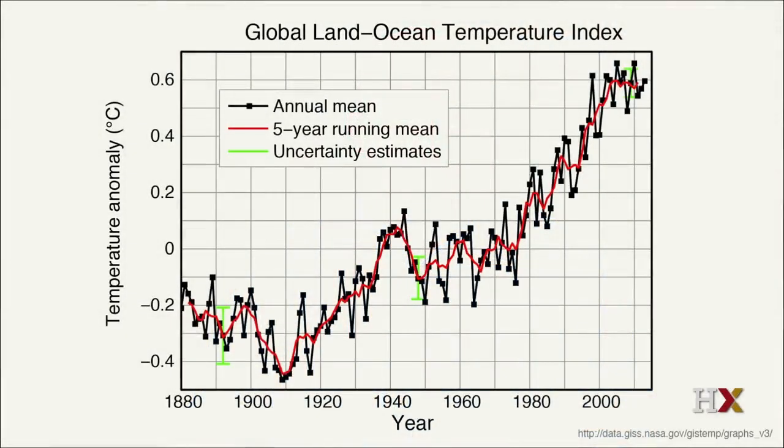One way to approach this has been to look at paleoclimate records over the last 1,000 years or so to see if we can put this recent rise in global temperature in a broader context. One of the most famous efforts to do this was done by a scientist named Michael Mann, who now teaches at Penn State University.